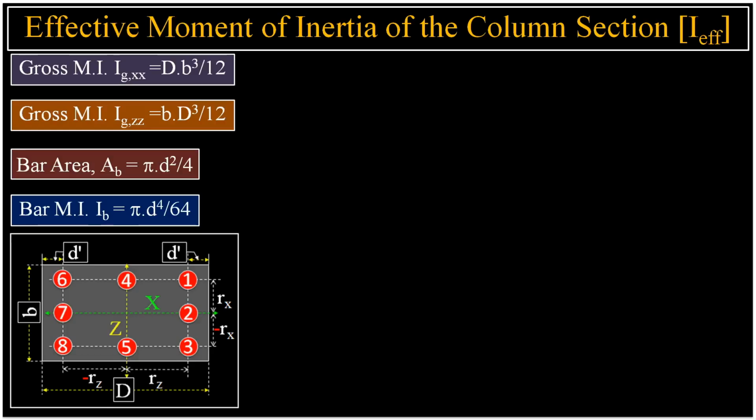Similarly, the bars are arranged in 3 horizontal rows. For row 1, the radius of gyration is Rx. For row 2, the radius of gyration is 0 because the x-axis passes through their centroids. For row 3, the radius of gyration is minus Rx.